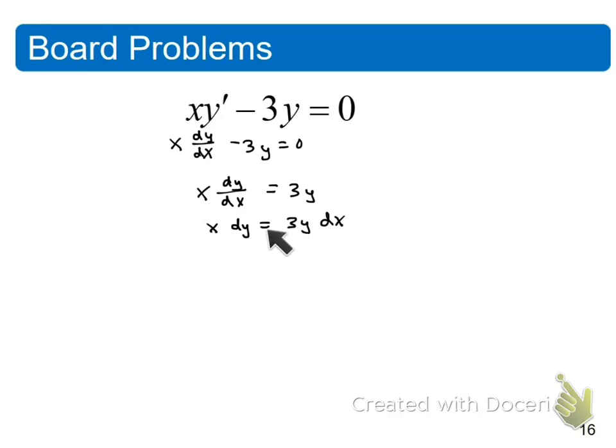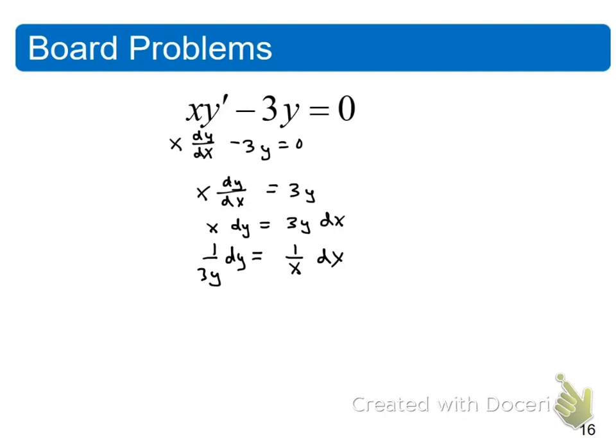Well, that's easy. Now that I have a dy and a dx, I can divide both sides by x, and I'm going to get 1 over x dx. At the same time, I'm going to divide both sides by 3y, so on the left I get 1 over 3y dy.